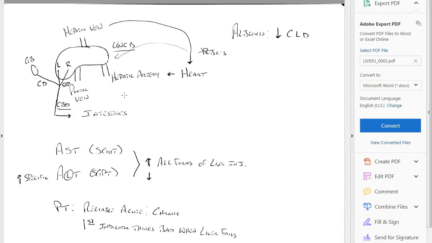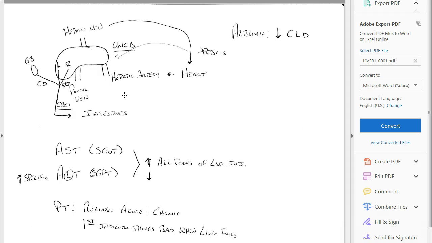Then you have your ALT, sometimes referred to also as SGPT. That is more specific, has more specificity. Again, as you can tell, I'm not nearly caffeinated yet this morning, than the AST does.